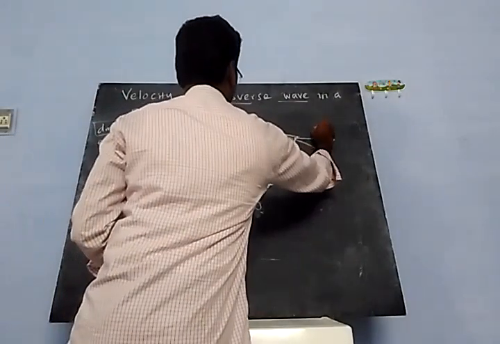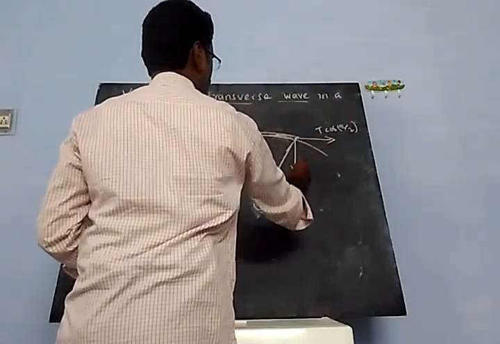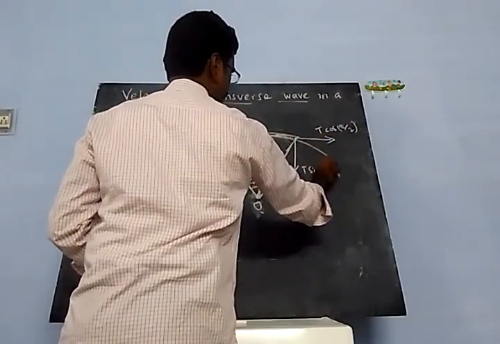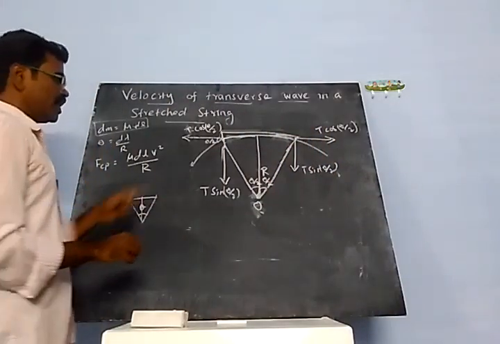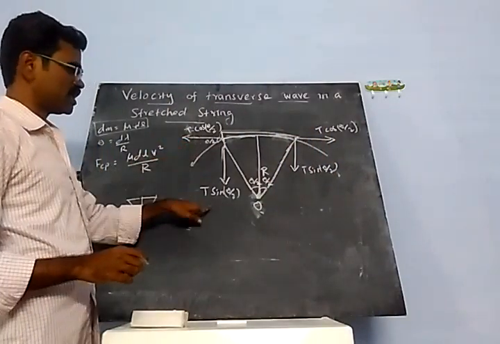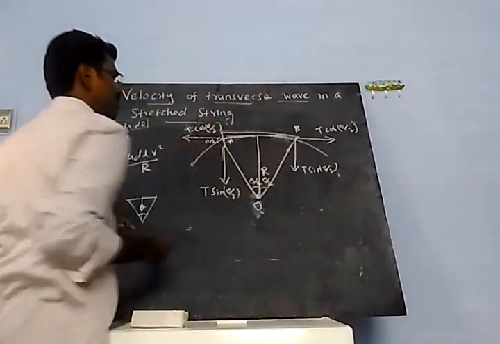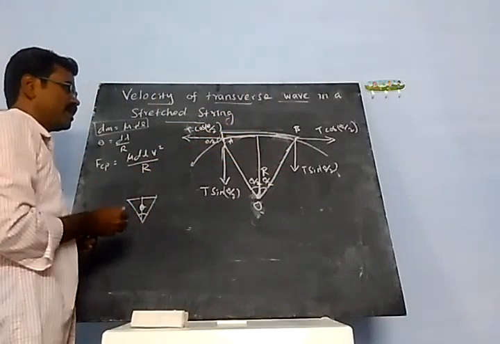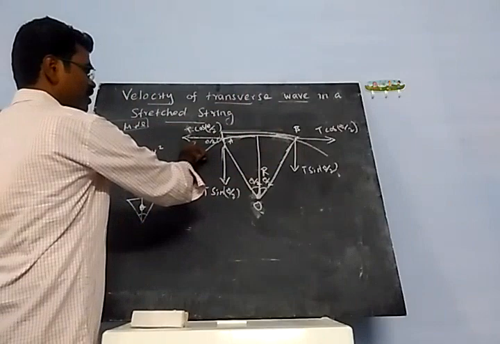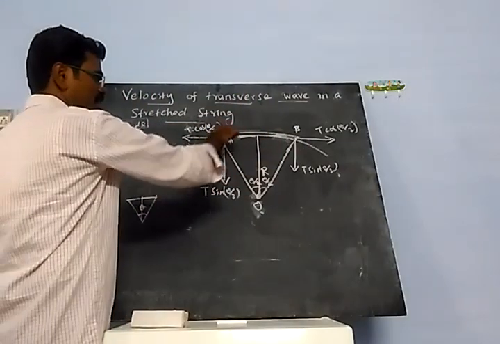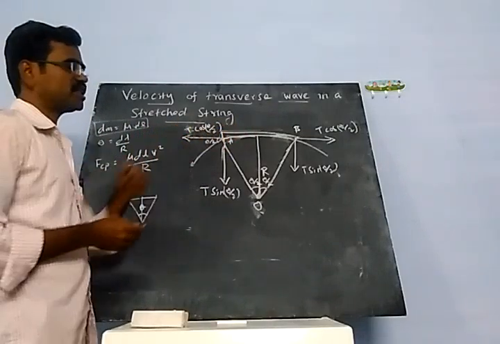One is the T horizontal component, T cos theta by 2, and the vertical component T sin theta by 2. So here two parts, T cos theta by 2 and T sin theta by 2 at the point A, and this is the point B, T cos theta by 2 and T sin theta by 2. So the horizontal components are equal but in opposite direction.